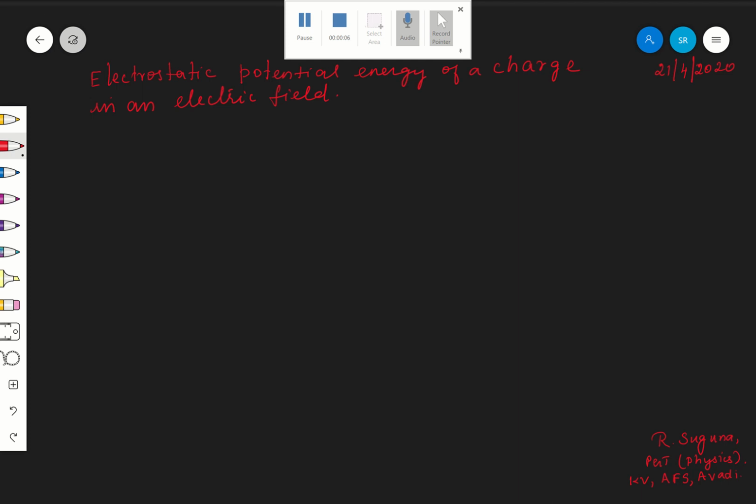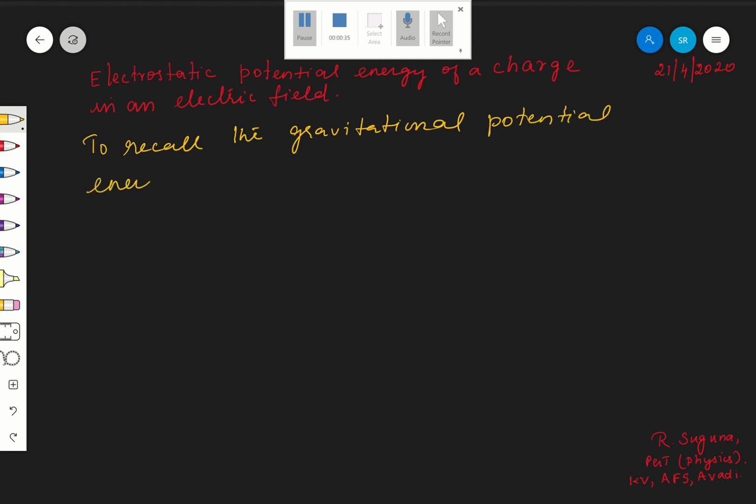Today's topic is electrostatic potential energy of a charge in an electric field. So, I want to recall the gravitational potential energy, what you have studied in your 11th standard.